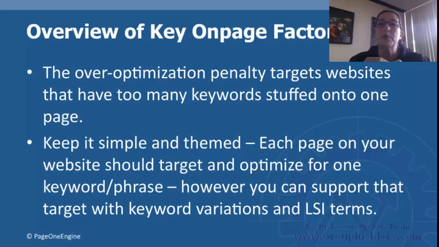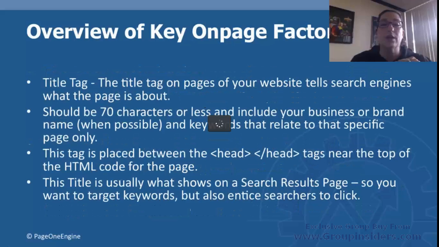There have been many different ways throughout the years that people have tried to keyword stuff onto a page, but I want you to just imagine one web page and you say the same thing over and over and over again. So those times have changed. And so let's go through some more of those.